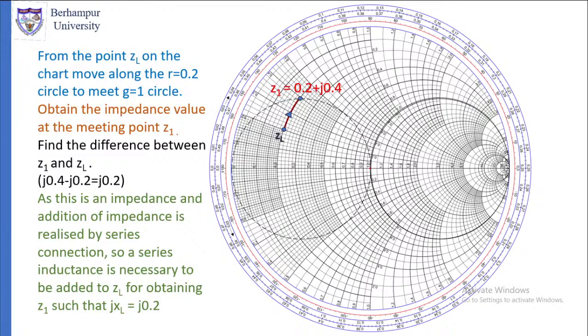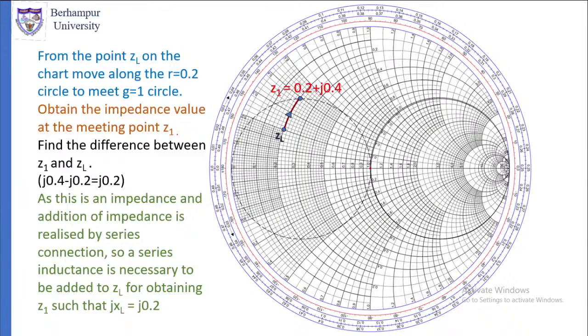But by moving away from ZL, we have moved away from x equal to 0.2. So at Z1, the x value will change. Find what the x value is at Z1. Find the arc which is passing through the point Z1, move along this arc to the outer ring and read the value.